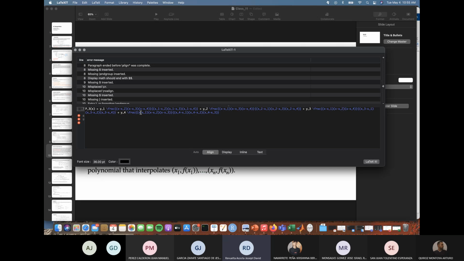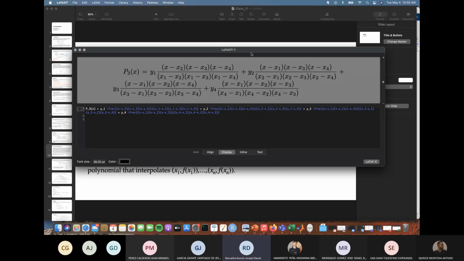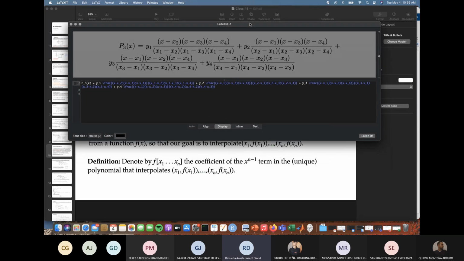So x2 is equal to this one, x4, x4, x2, x3. It's correct, but I don't know why this is not. There you go. So this is the entire solution.